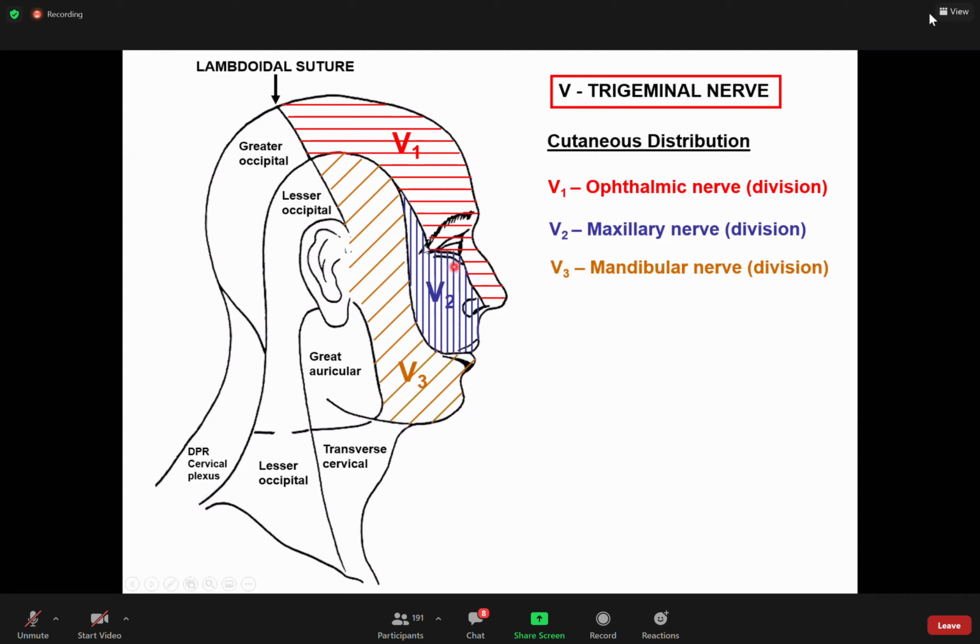The lower eyelid, the cheek area, the upper lip, the upper teeth, and the side of the nose are supplied by the maxillary division of trigeminal, which is V2. And then the chin area, the area in front of the ear, and the side of the scalp are supplied by the mandibular division of trigeminal, which is V3.